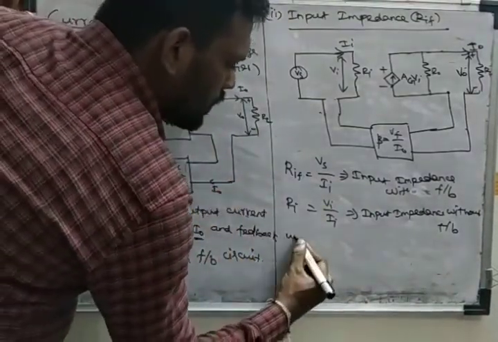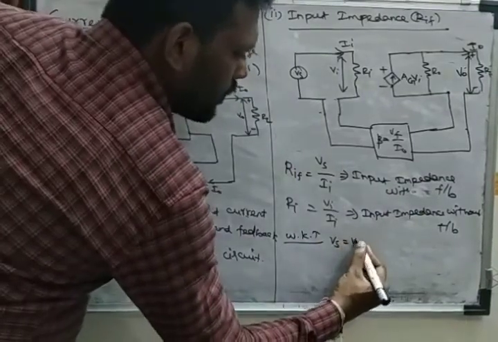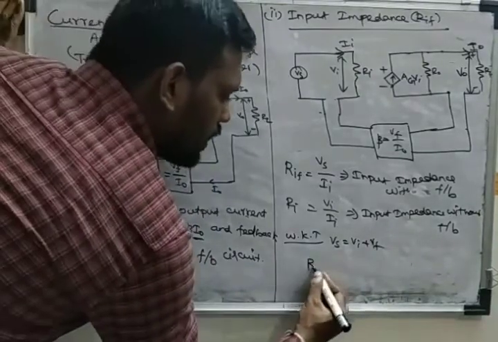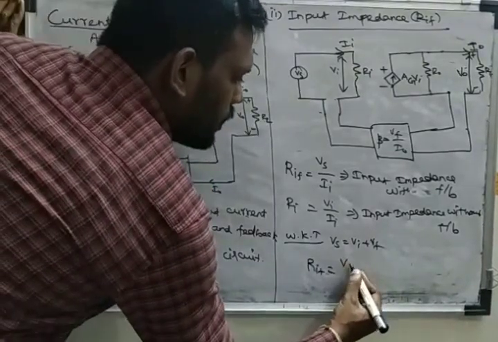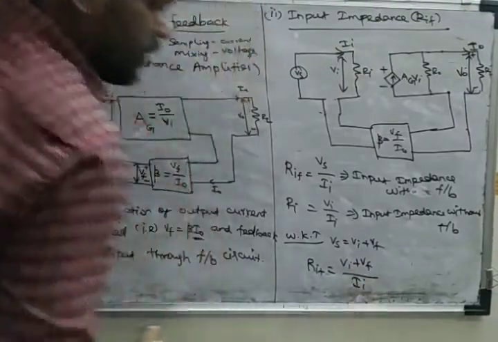So we know that Vs equal to Vi plus Vf. So your RIF is equal to Vi plus Vf by Ia.